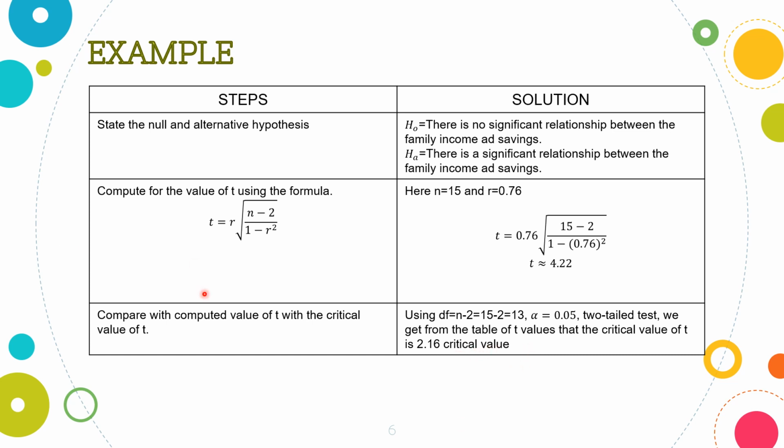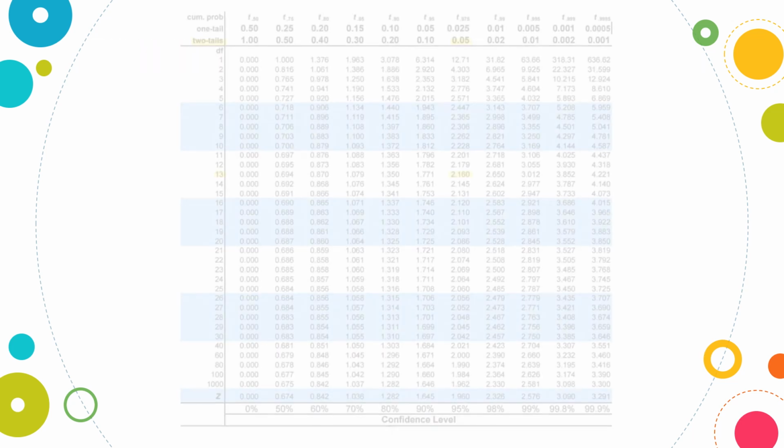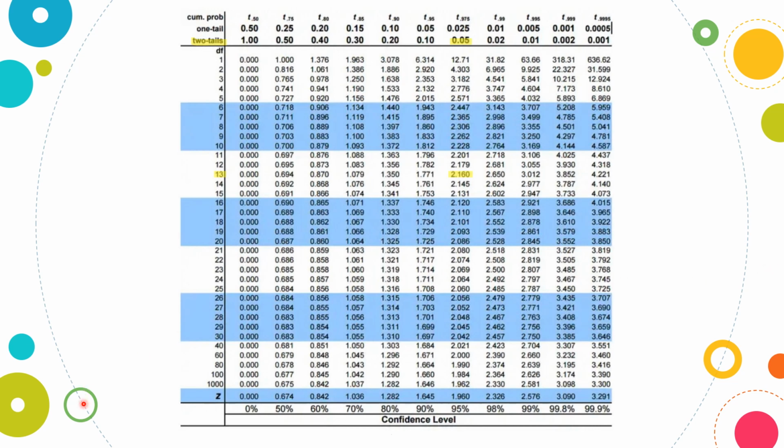The critical value. So, how did we get the 2.16? Remember that our degree of freedom is 13 and our alpha is 0.05 and our test is two-tailed. So, if we check with the table, our degree of freedom is 13, that is two-tailed, and our alpha is 0.05. So, where did the 0.05 and our df meet?